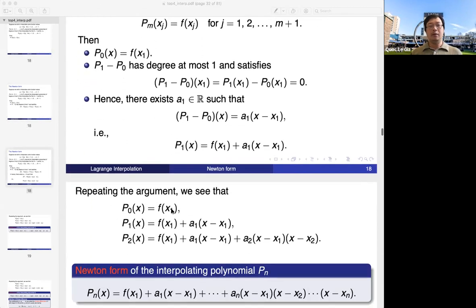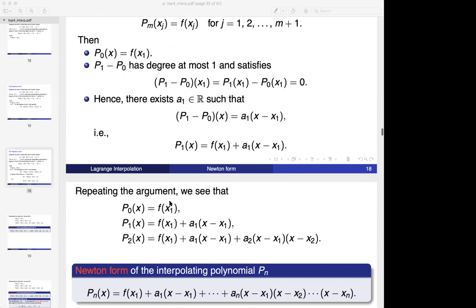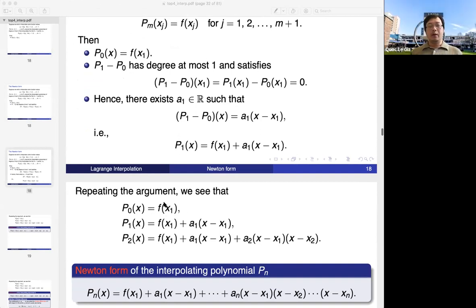P0 is just f of x1, so it will go through the point x1, f of x1. And P1 is just the linear equation. What is a line that goes through x1 and x2?